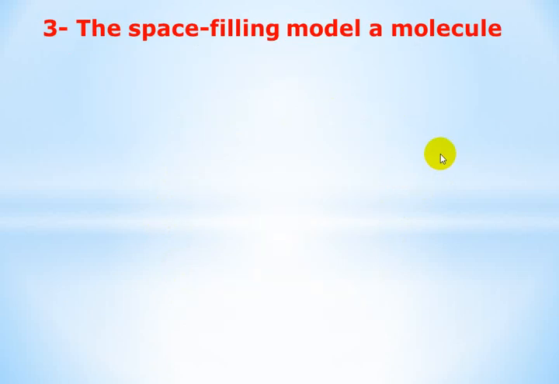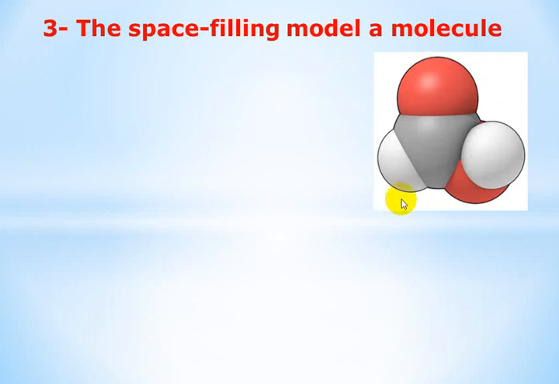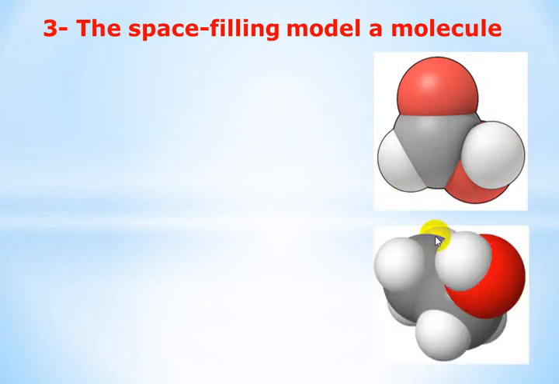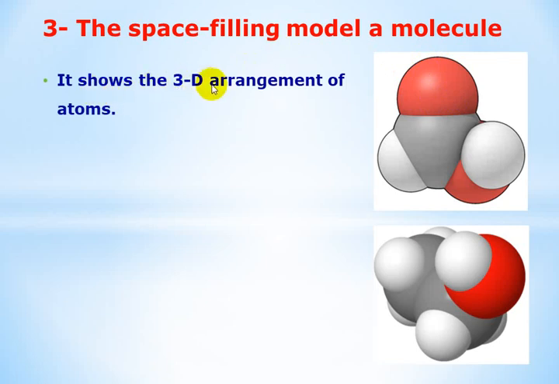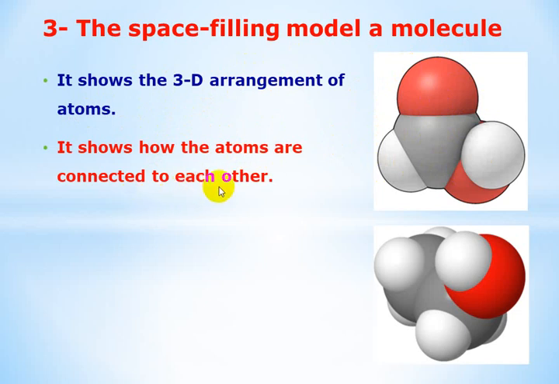The third model to represent atoms or a molecule is the space filling model. In this model, like the one shown here, and this is another model for another molecule, each atom is represented with a sphere, and it shows the 3-dimensional arrangement of atoms, how the atoms are arranged, and also how the atoms are connected or join each other.